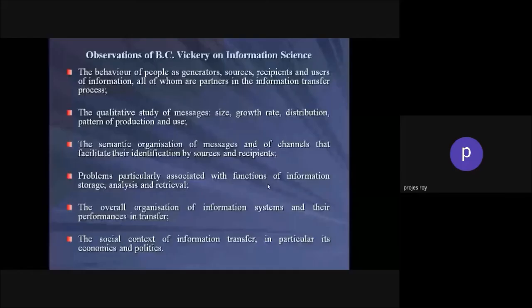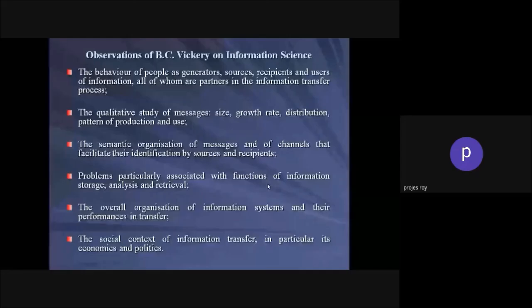The behavior of the people as generators, source, recipient, and user of information, all of whom are partners in the information transfer process. The qualitative study of messages, size, growth, rate, distribution pattern of production and use. The semantic organization of messages and of channels that facilitates their identification by source and recipients.